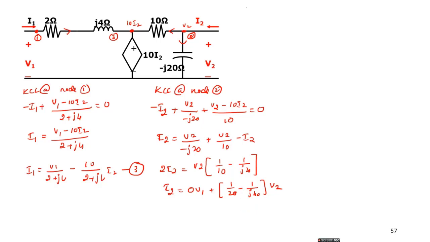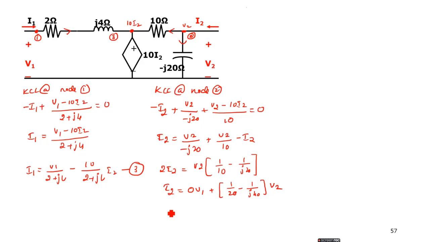Then simplify this. 1 by 20 minus 1 divided by J40. 1 divided by 20 minus 1 divided by 40J.